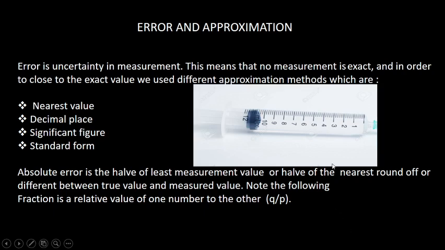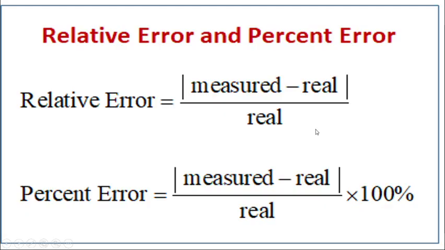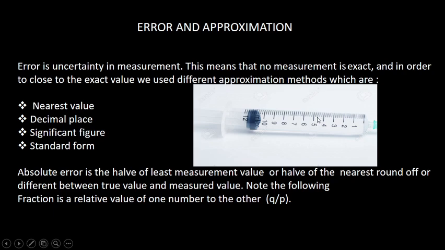For example, look at this syringe here. You can see that there are strokes on this syringe. And for this syringe, what is the accuracy? This stroke here marks point 0.